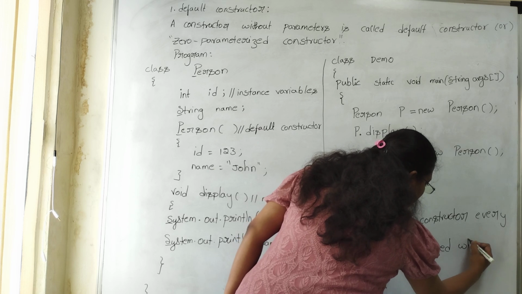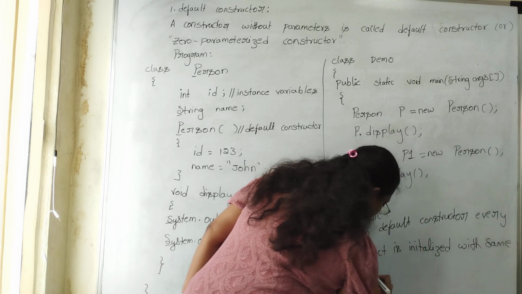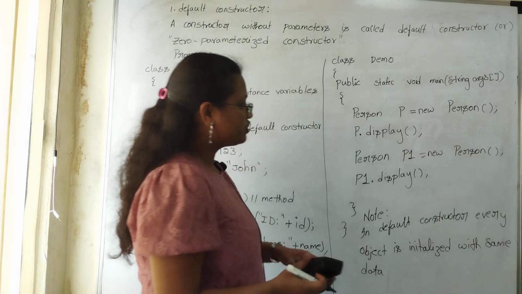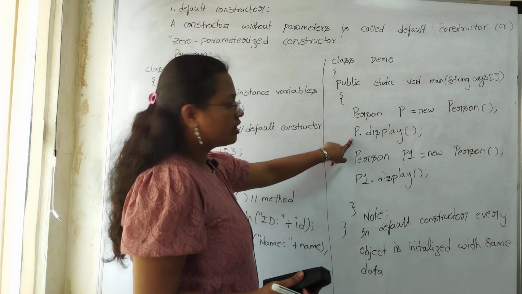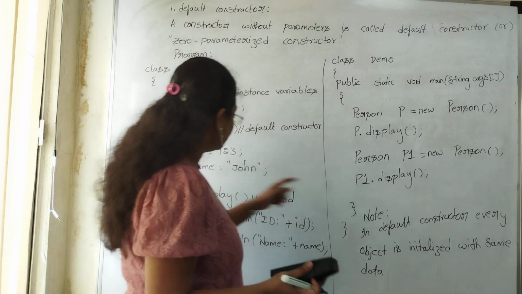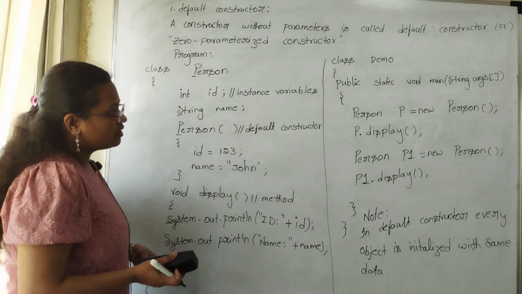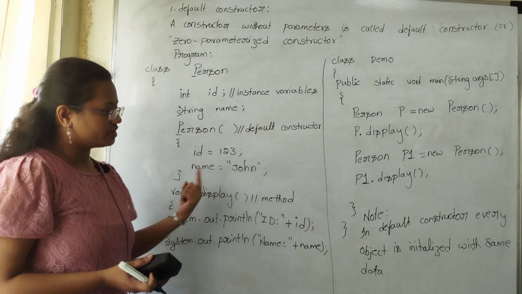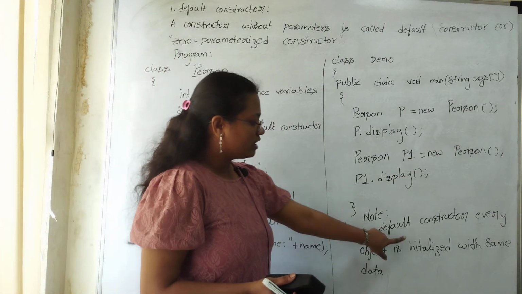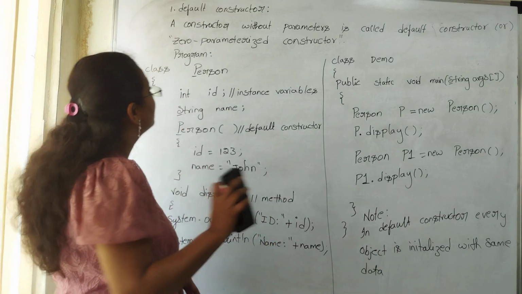See here, I have shown one example. When you call the P object, it was calling 1, 2, 3 and John. When you call the P1 object, again it was calling 1, 2, 3 and John. So this is all about your default constructor. In default constructor, every object is initialized with the same data.